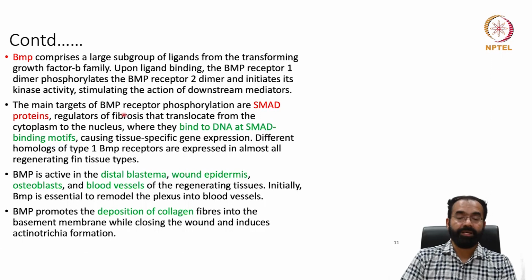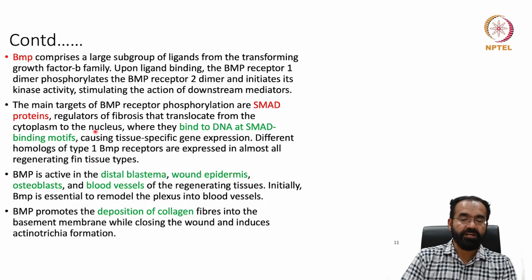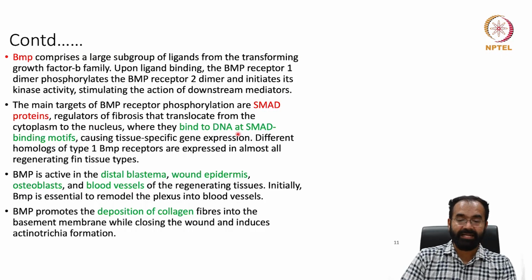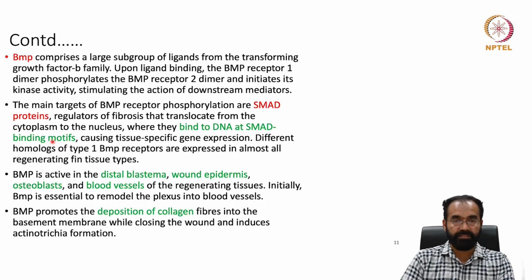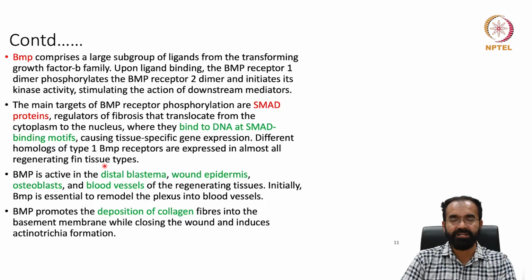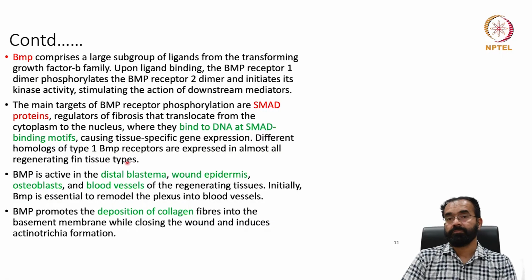The main targets of BMP receptor phosphorylation are the SMAD proteins, which are regulators of fibrosis and translocate from the cytoplasm to the nucleus, where they bind to the DNA at SMAD binding motifs of regulatory elements of various genes, causing tissue-specific gene expression. Different homologs of type 1 BMP receptors are expressed in almost all regenerating fin tissue types, because BMP signaling is one of the pivotal signaling pathways for fin regeneration.